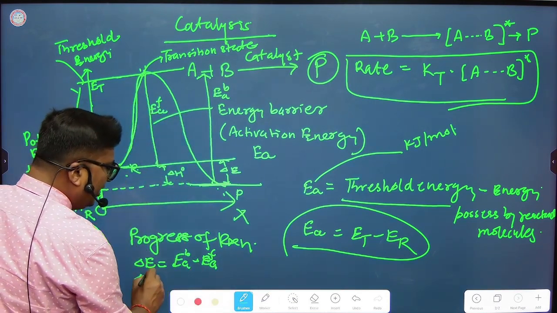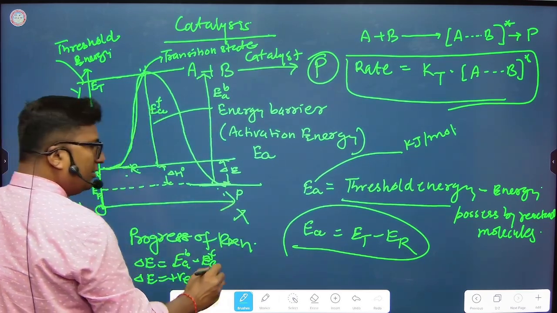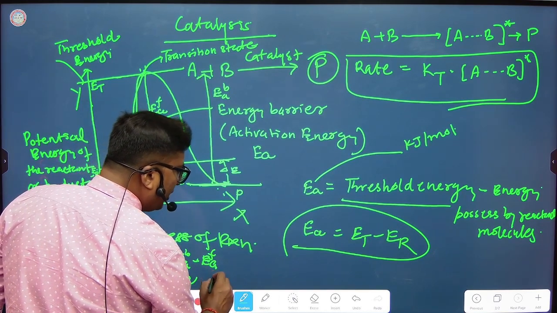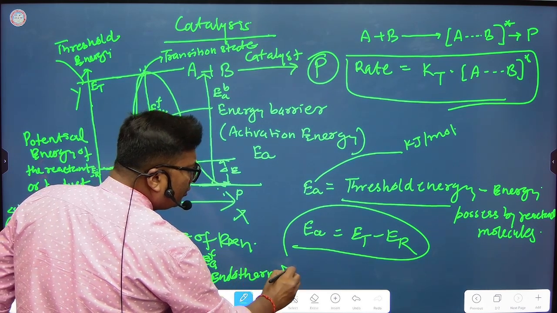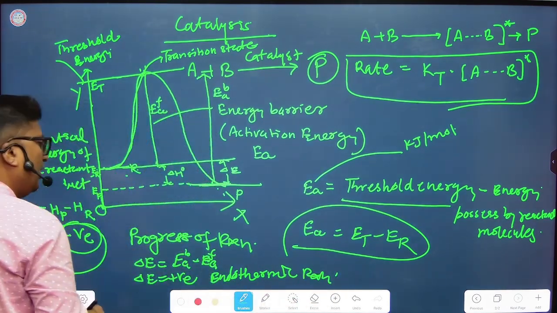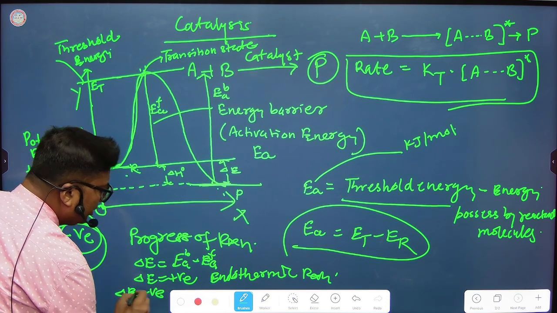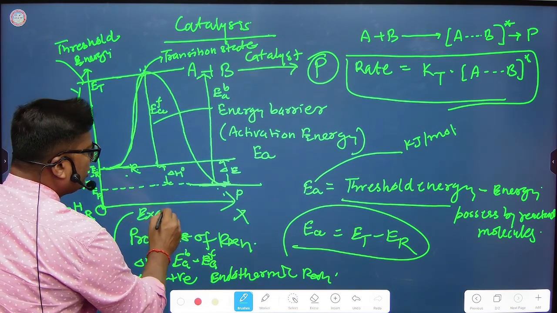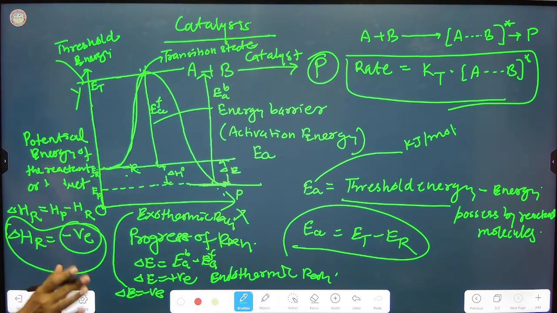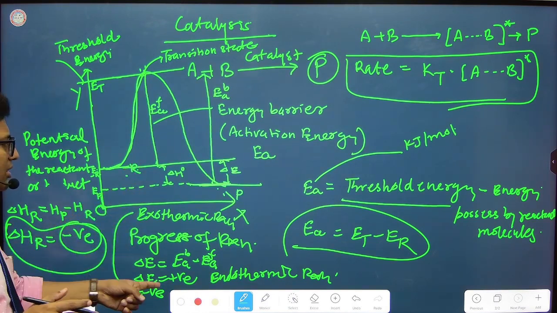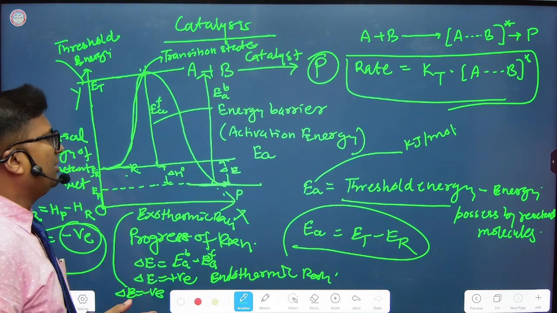If delta E is positive, it actually gives us an endothermic reaction. And if delta E is negative, then this is called an exothermic reaction, right? So a reaction may be endothermic or exothermic depending on the difference and its sign of the activation energies.